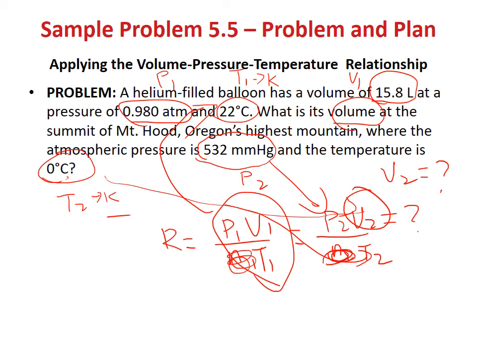Also note that P1 is in atmosphere and P2 is in millimeter mercury height, so we need to convert the units to be consistent, either atmosphere to millimeter mercury height or the other way around.